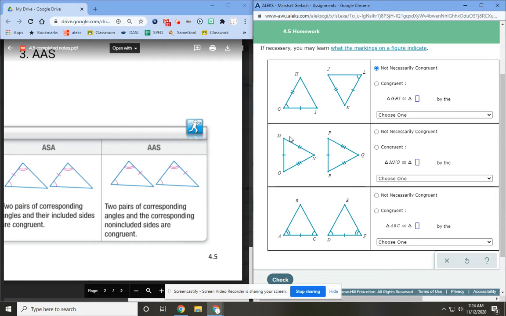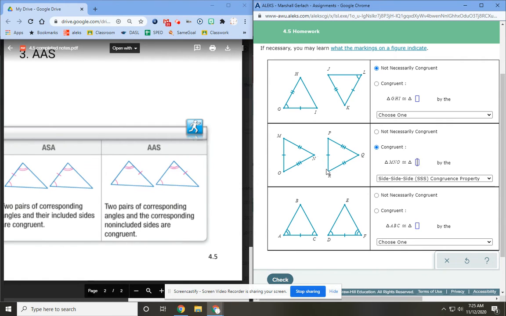You see there's 1, 2, 3, 1, 2, let's see, 1, 2, 3. So we have corresponding sides, and we have 3 of them. So we can say that it is side, side, side, right there. And then now we have to make sure that we have the corresponding angles when we name it. So M goes to N down side 2, and M is also connected with side 1.